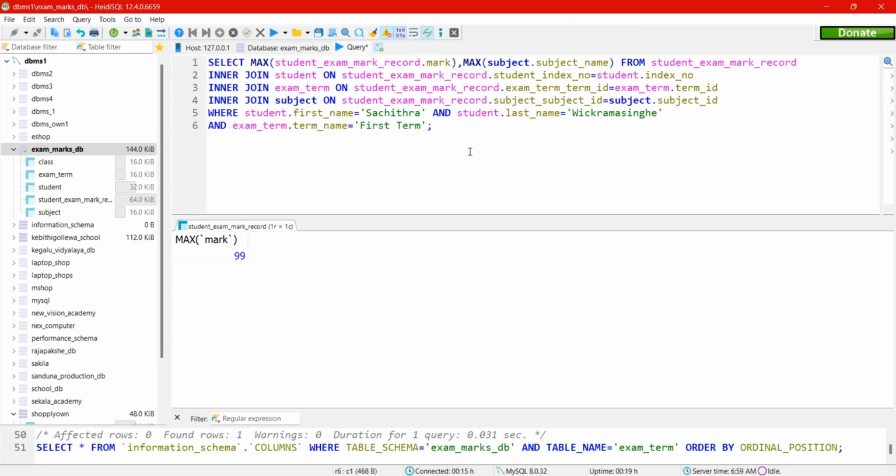So guys, this is the query for the second question. You can see we have used the keyword called max to find out the highest value. According to this question, we have used two max keywords. That means we need to find out the maximum mark and the subject related to that maximum mark.